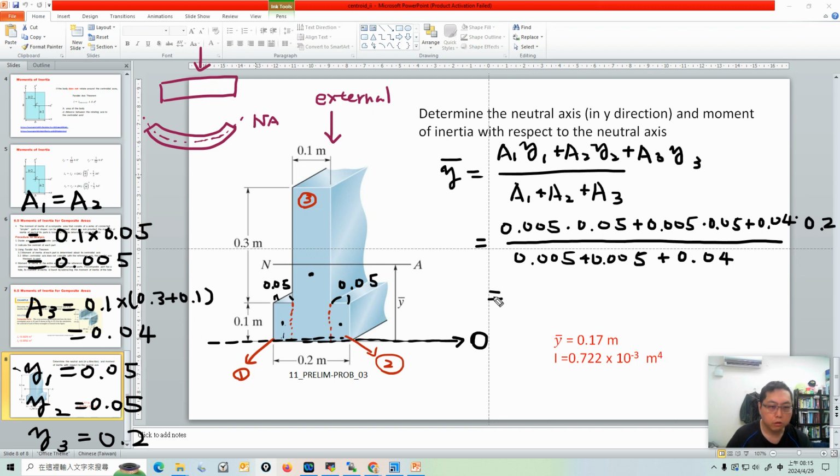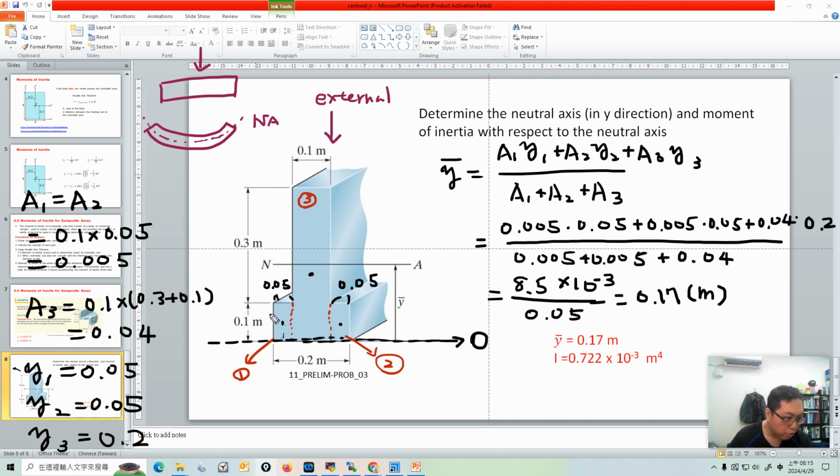Then use your calculator. I'll just tell you the answer quickly, so check by yourself. It's 8.5 times 10 to the power minus 3, divided by 0.05. So it's about 0.17, in units of meters.